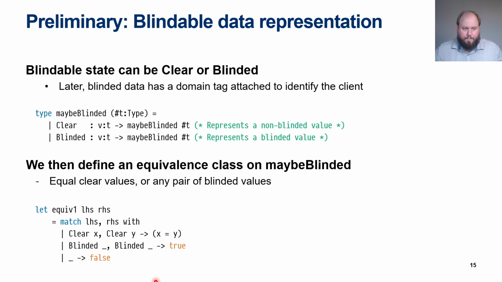Or similarly, we don't allow one clear and one blinded, because then we could just try doing some operation and see whether the machine allowed it, and that would tell us whether the value was clear or blinded. But if they're both clear and equal, or they're both blinded, then everything is fine, because we can't distinguish between them in that case.